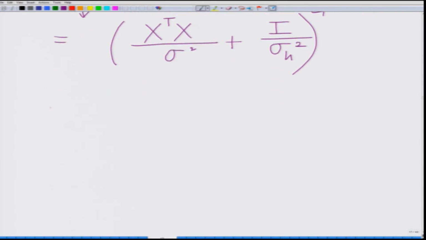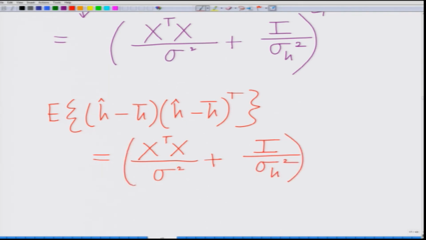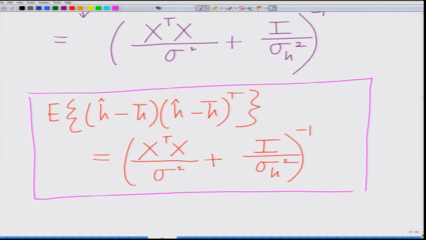So the error covariance, the expected value of (h hat minus h bar)(h hat minus h bar) transpose, equals (X^T X by sigma^2 plus I divided by sigma_h^2) inverse. This is the error covariance for your vector parameter model.